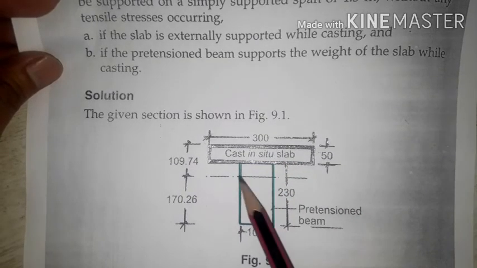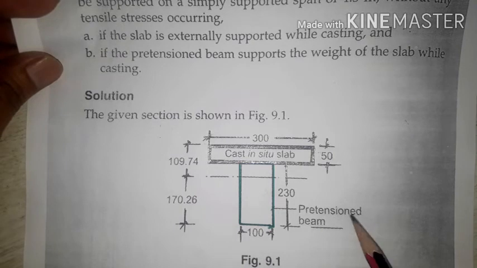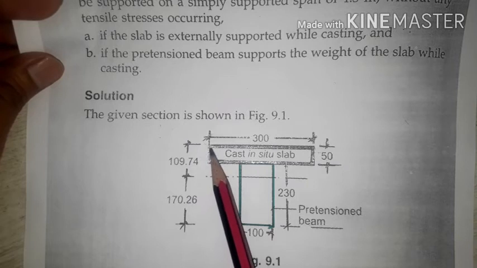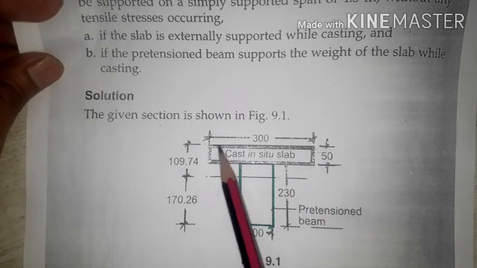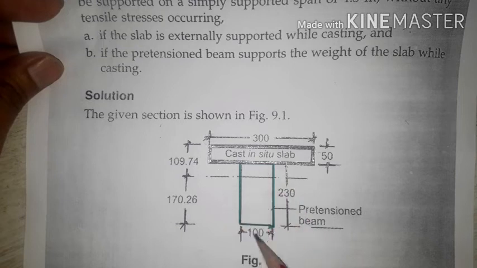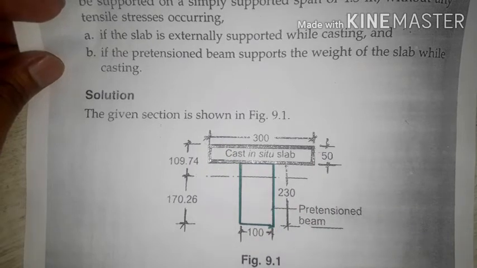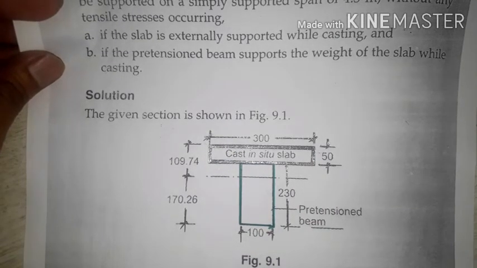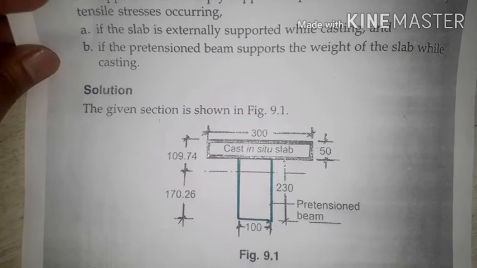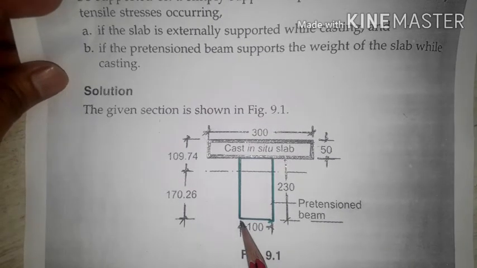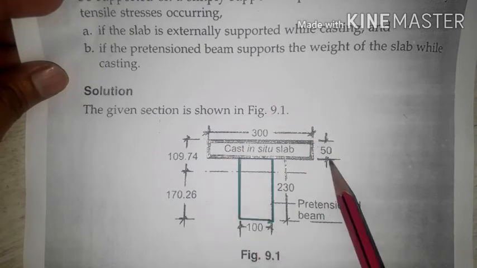The green color is a pre-tensioned, precast beam, and the black color is a cast in situ slab, which is cast on site. The size of the precast beam is 100 by 230 mm and the slab is 300 mm by 50 mm.